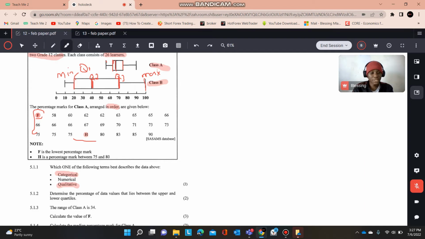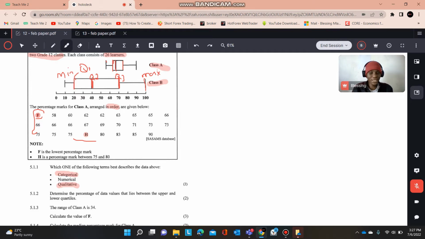Qualitative basically means the data is in words, such as red, blue, and green. You can say, okay, we have 5 blue cars. That's how we categorize the data, and it's in its qualitative form. But when we come to numerical, we talk about numbers. This data is in numbers: 58%, 60%, 62%, and stuff like that.